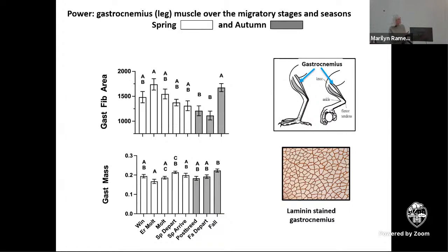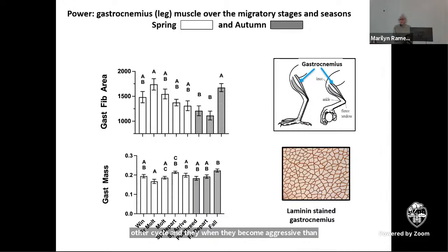And if you look at the fiber area of the gastrocnemius medius of the migrant, you can see it's a very different pattern from what we saw in the pectoralis. And this increase here, I think, has to do with the birds being finished with the flying portion of their cycle, and when they become resident on the wintering grounds, they're not flying a lot.